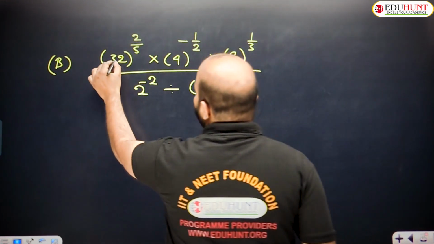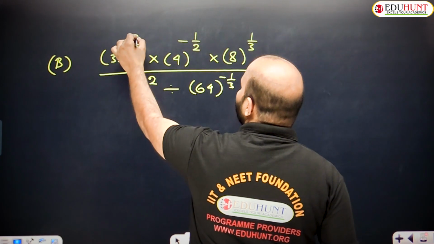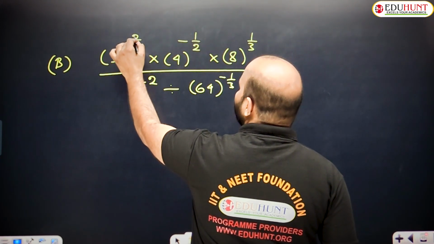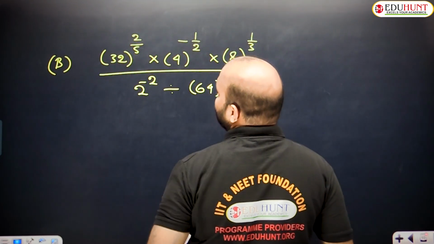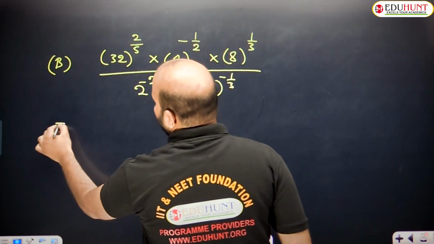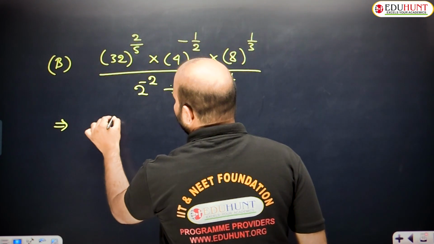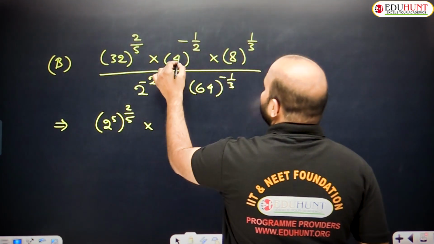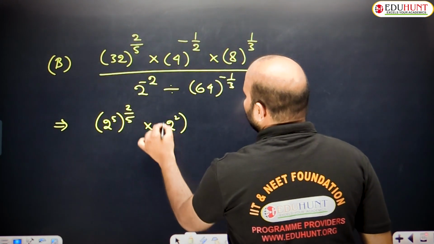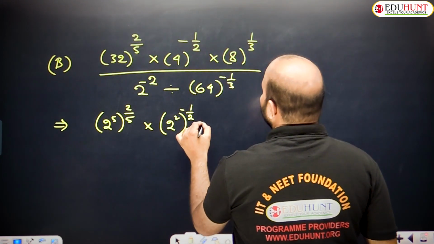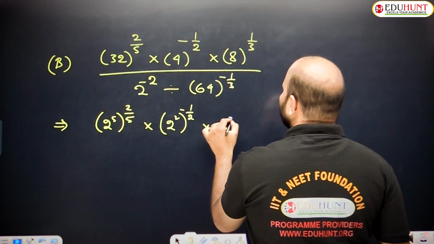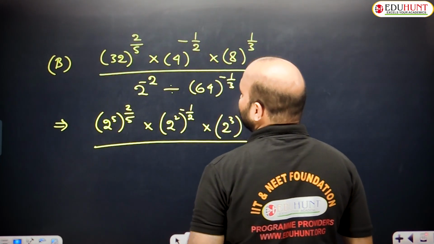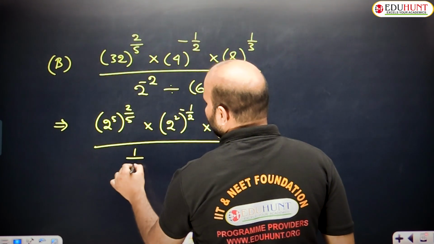So firstly, 32 can be written as 2 power 5, because the power value I am given is 2 by 5. So 32 is written as 2 power 5, whole power 2 by 5, into 4 written as 2 square, whole power minus 1 by 2, into 8 written as 2 cube, whole power 1 by 3, whole by 2 power minus 2, which can be written as 1 by 4.